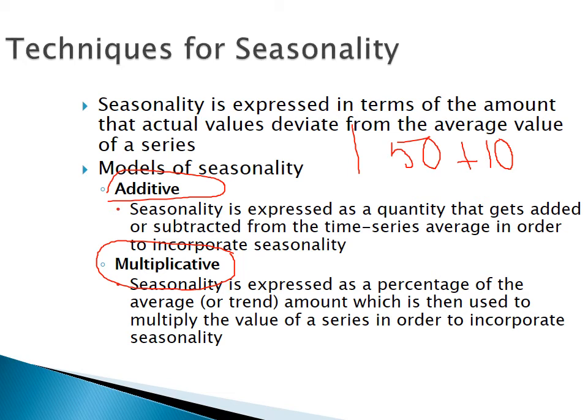Or we can also multiply: we multiply 50 by 1.2, so that additional 0.2 is the seasonal factor. So we can either add or multiply with the seasonality to get the adjustment for seasonality.